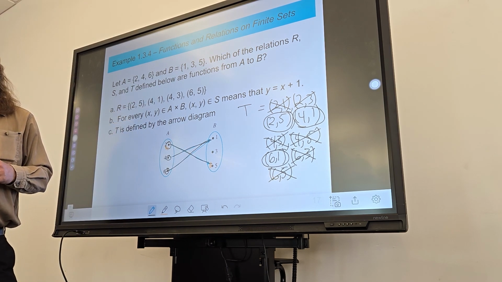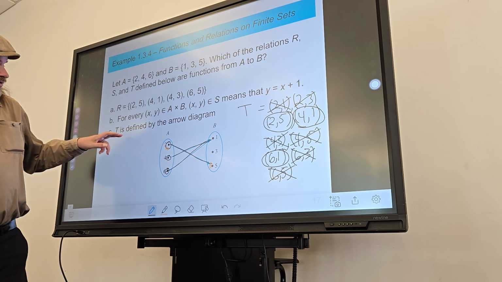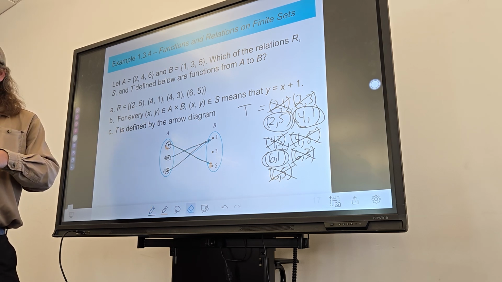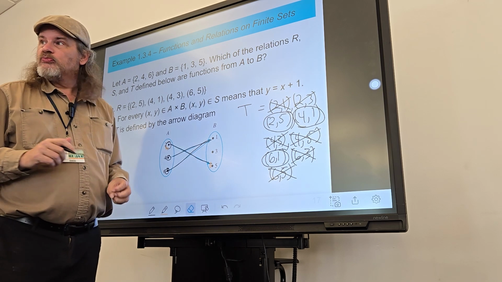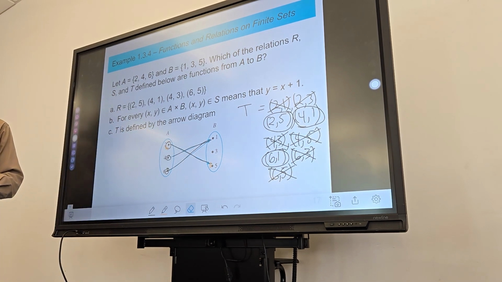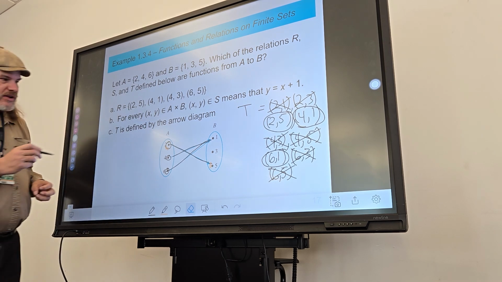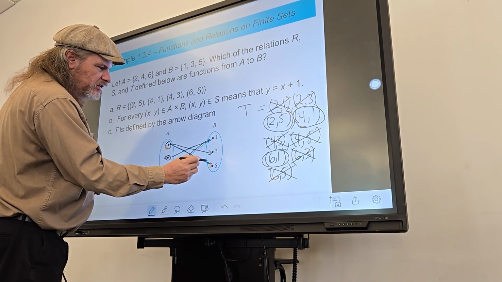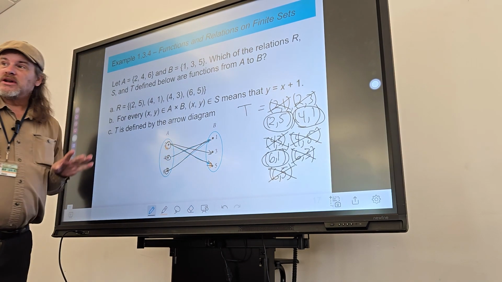So yes, T is a function. Exactly. If 2 was pointing to 2, 3 and to 2, 5, that would not be a function.